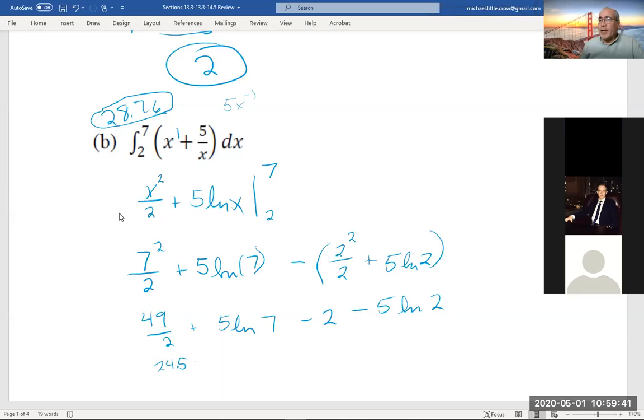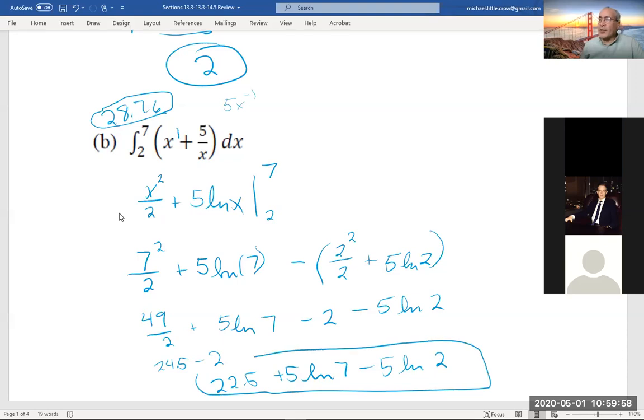And then we could subtract the 2 from that. So that's going to give us 22.5 plus 5 natural log of 7 minus 5 natural log of 2. So this may be the multiple choice answer you see.